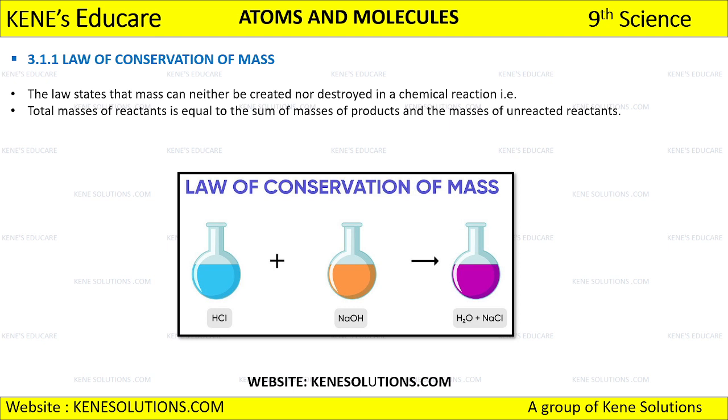If you all remember the activity that we discussed, through that activity we were able to conclude that the mass of reactant is equal to the mass of product, right? Because we added different chemicals, a group of chemicals in a test tube and another group of chemicals in the beaker. We weigh them individually first and take a note of it.